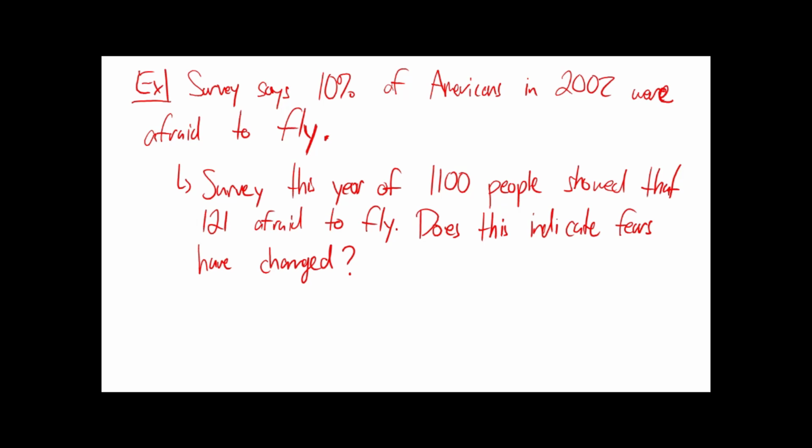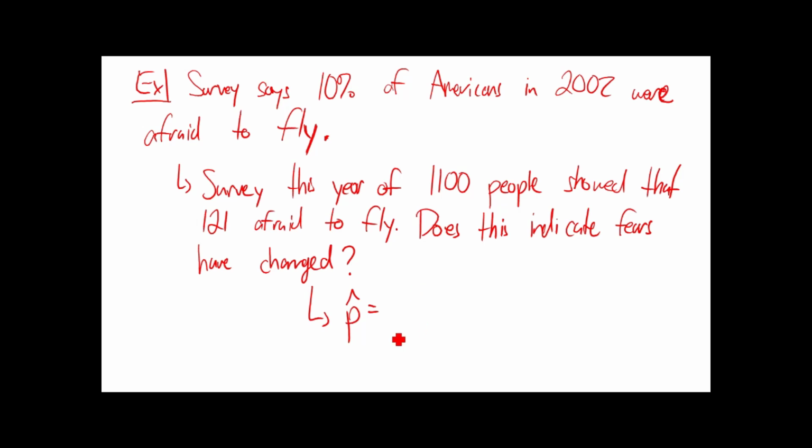That's what I want to know. The way we're going to do this is, first off, what was my sample proportion for my particular sample? What percent of my people were afraid to fly in my sample? That would be a sample proportion.